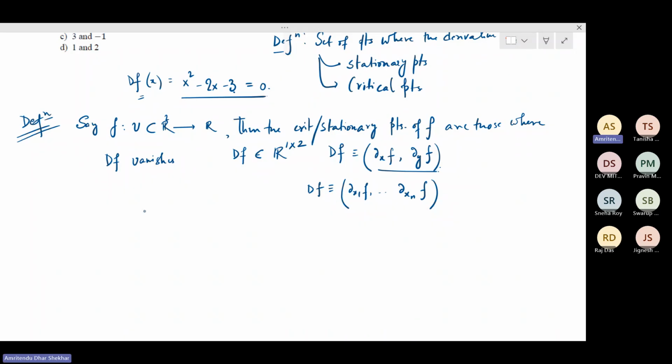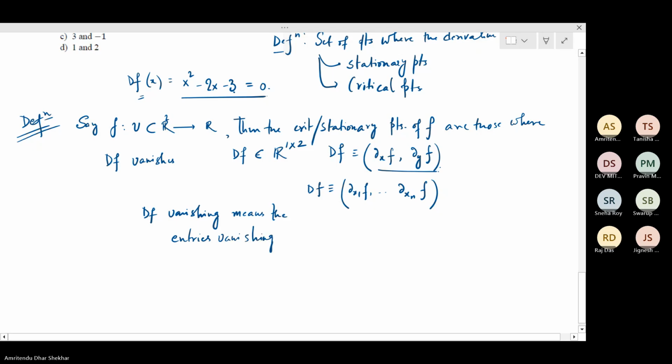So d of f vanishing means the entries are vanishing. That is, del f upon del x should be equal to 0, and del f upon del y should also be equal to 0.